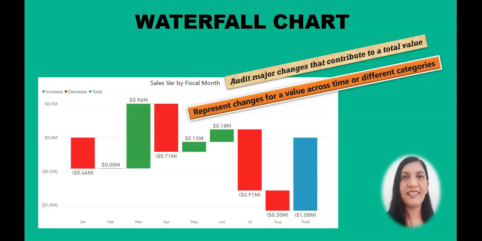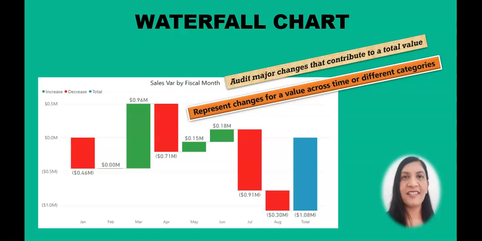So how this works is, in this case I have my sales variation compared to last year, and I plotted that on the waterfall chart, and I can see the steps in two colors, in this case red and green.